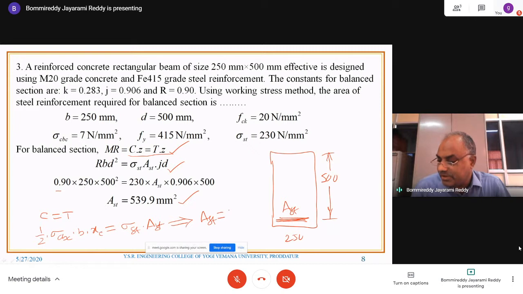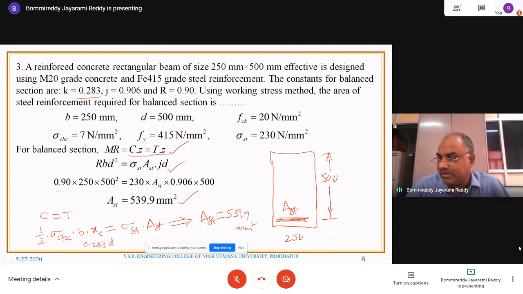It will be the same value, 539.9 millimeters square. And what is XC? XC is nothing but KD. K value is given as 0.283, so substitute XC by 0.283 times D, and everything is known.